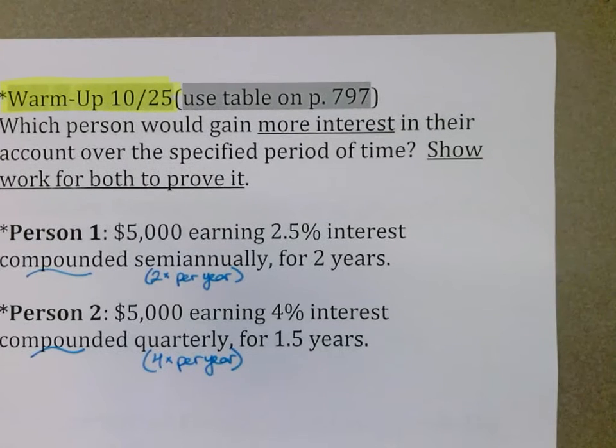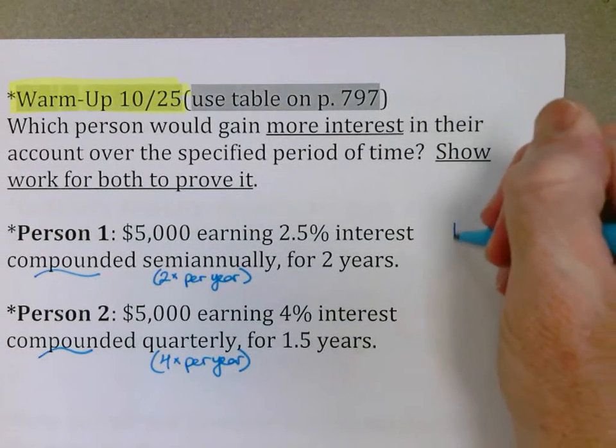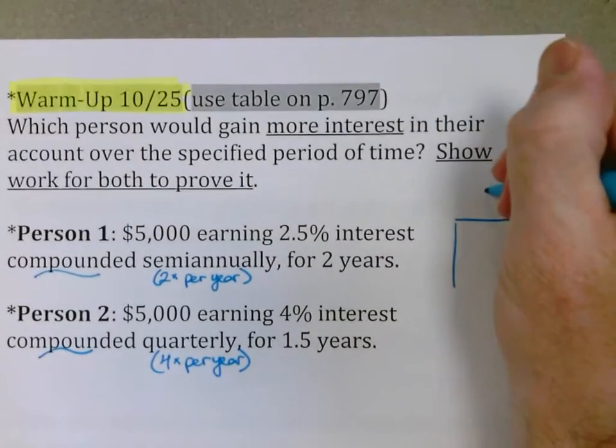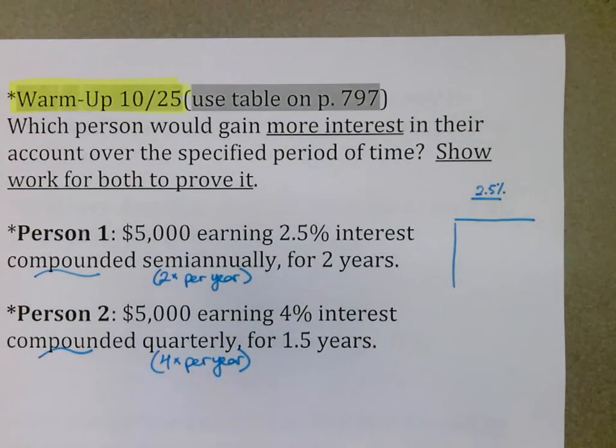In order to manipulate the table, we need to make sure we know what numbers we're looking for along the top and along the side. Along the top of the table, that's our rate per period, which means I do our rate, 2.5%, divided by the number of times that the interest cycle is happening per year.